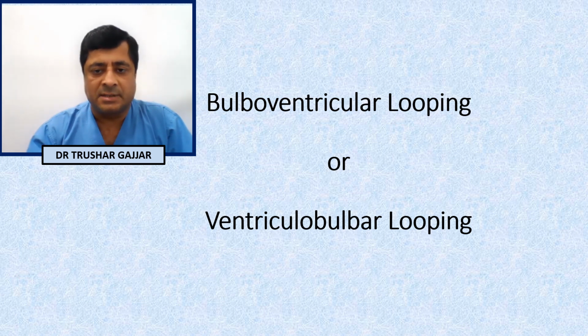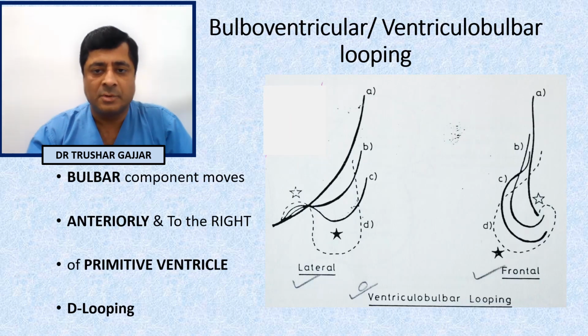This is the first step which leads to the formation of the heart. So we have seen the heart tube is in a straight line. It is not having even the shape of a heart, but this one movement will make the heart look something like a heart. So what is bulboventricular looping?